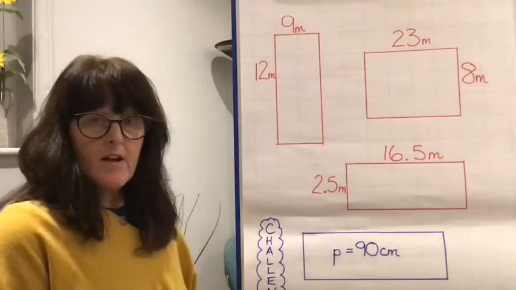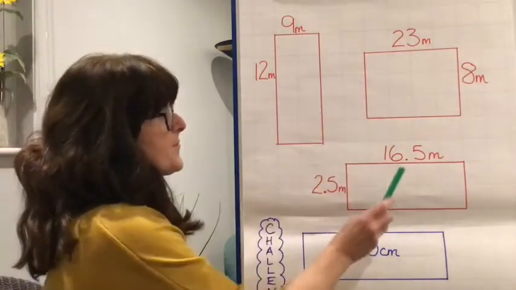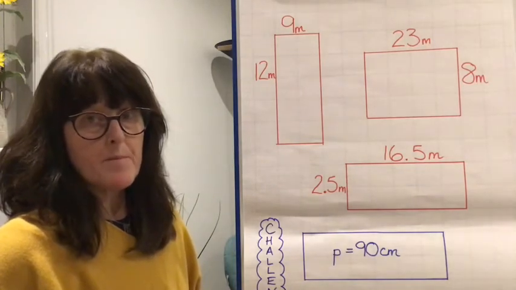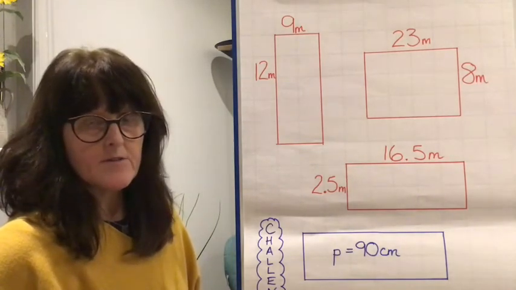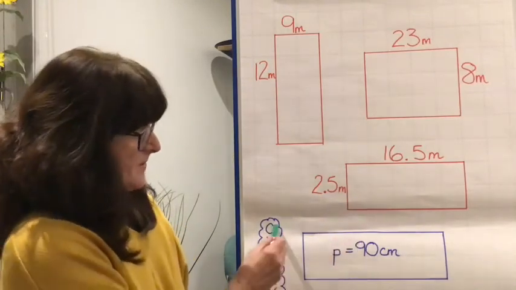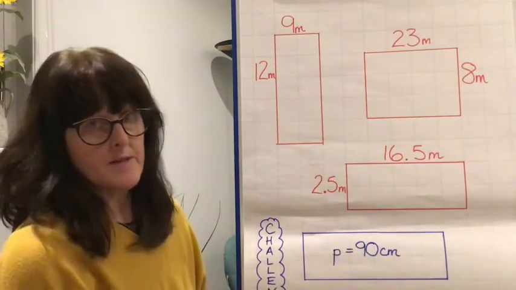Now it's time for you to do a little bit of work. So at the top we have 3 rectangles. I would like you to work out the perimeter of these rectangles, and if you complete that, you could go on to the challenge. Here we have a rectangle and I've told you the perimeter.